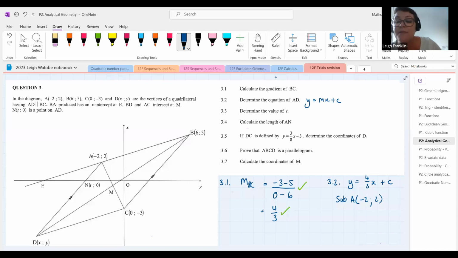A few of you have said that in order to calculate the value of the y-intercept of line AD. Okay, so 2 is equal to the gradient 4/3 times -2 plus c. So that means that c is going to be equal to, what are you guys getting as an answer?